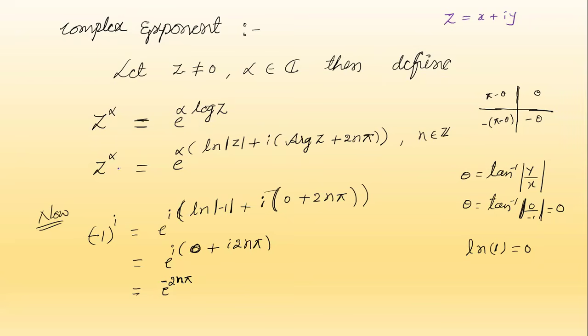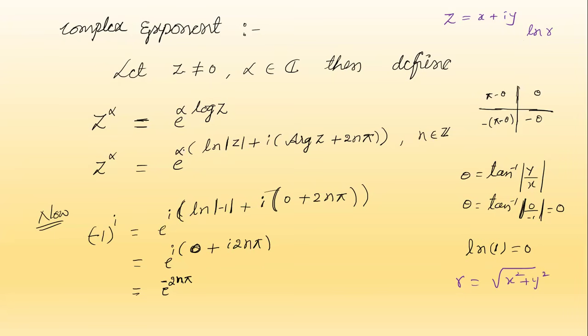Now z raised to alpha is equal to e raised to alpha times ln mod z, here ln r, where mod z means r. r is equal to root of x squared plus y squared, and theta is equal to tan inverse of y by x.